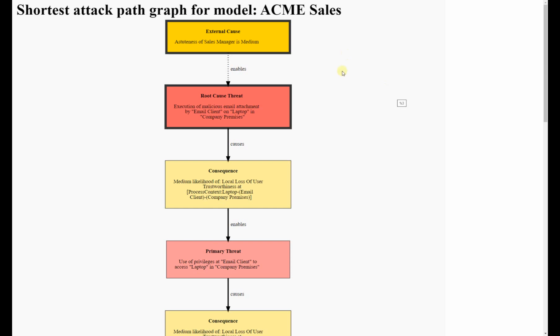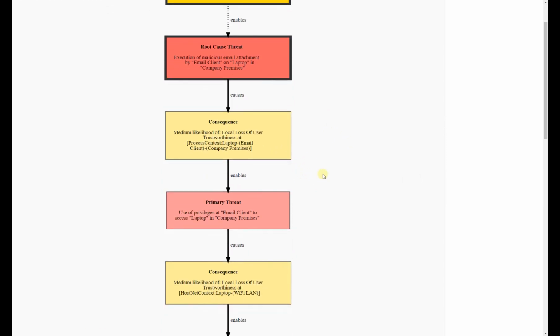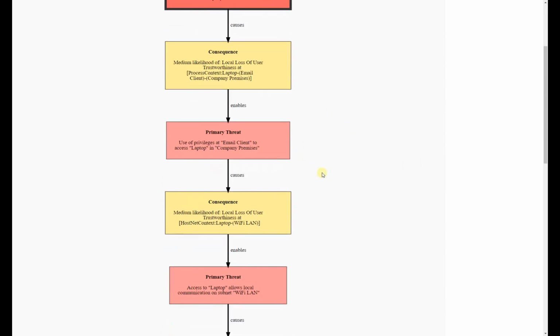So we can look down this graph to understand, as I was saying, how things branch and join. And the root cause is the execution of the email attachment. The consequences are often quite hard to understand. Don't worry about those too much. It helps to look at the threats on the whole. And we can see that because of the execution of that attachment, it says use of privileges at the emailer client to access the laptop in the company premises.